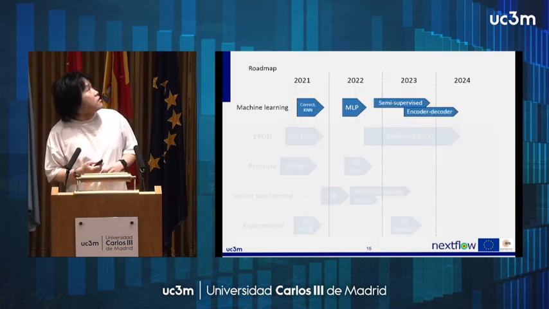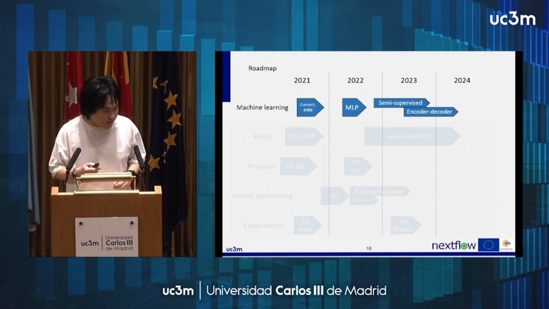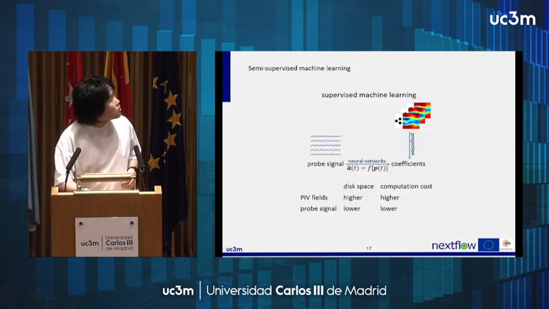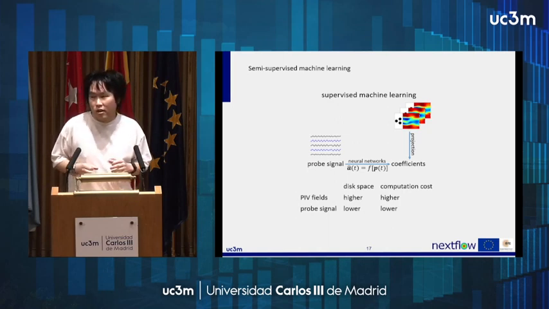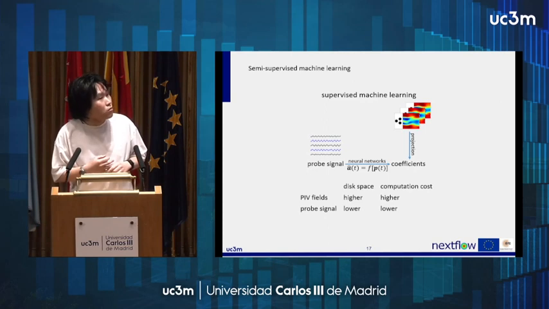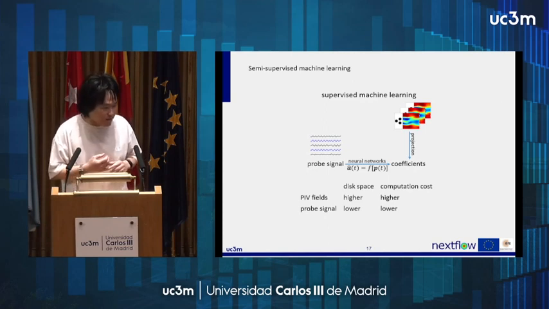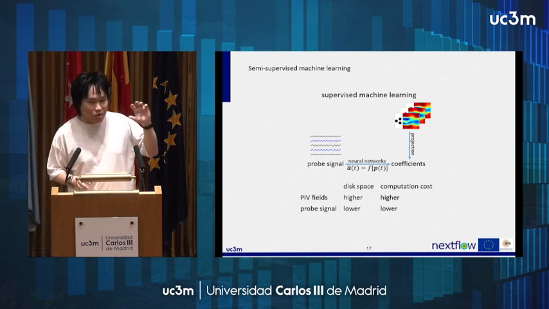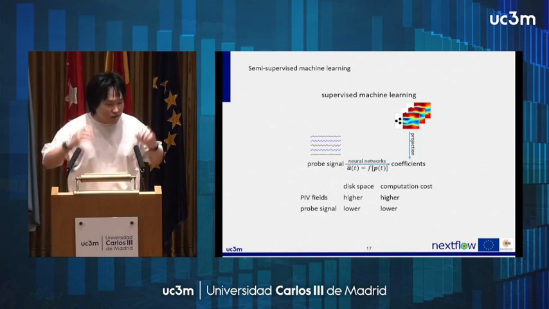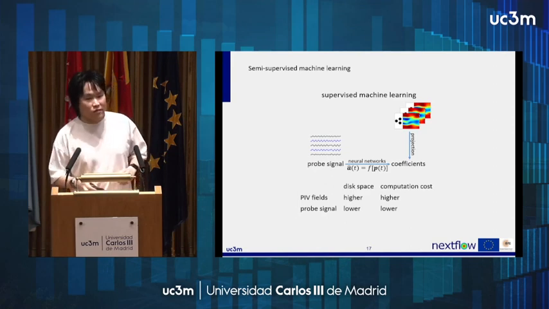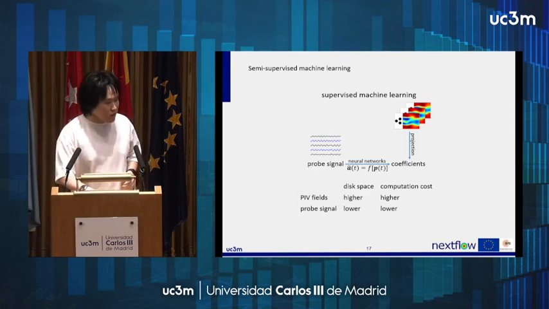Another topic is machine learning. In typical machine learning, we use one snapshot of probe data and one PIV snapshot and fit their relation.